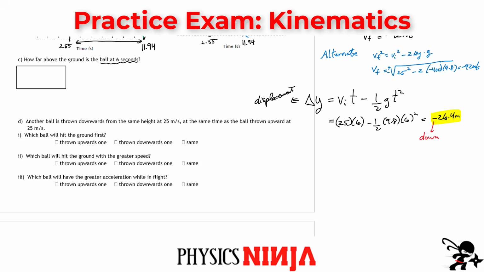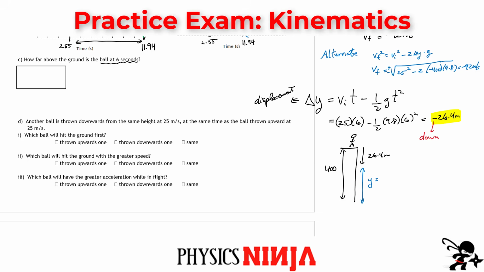Remember, you started at a high cliff. This is what it looked like when I started. I was at the top of a 400-meter cliff, and now I've moved down 26.4 meters. So the question is, how high are you from the ground? What is this height? If I add whatever number here to 26.4, I have to have 400.